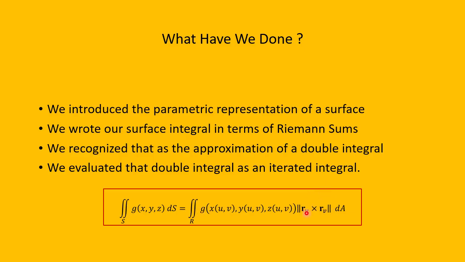And then once we had this double integral, we were able to write it as an iterated integral, and at least in theory we could have evaluated that iterated integral by hand, but in our case we decided to use SageMath software to do that calculation for us.